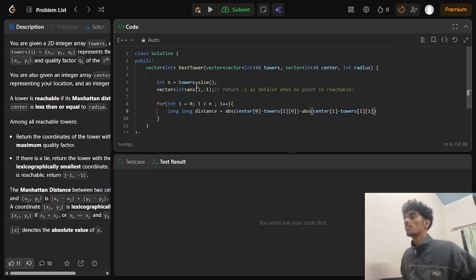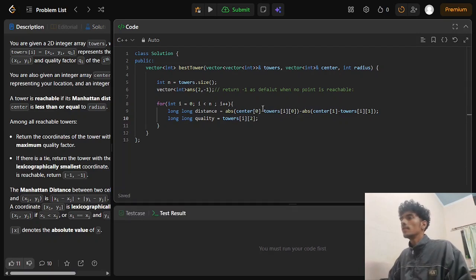This is our distance between 2 points. Now we will also have to take the quality, which is towers of I at the second index. This is fine.